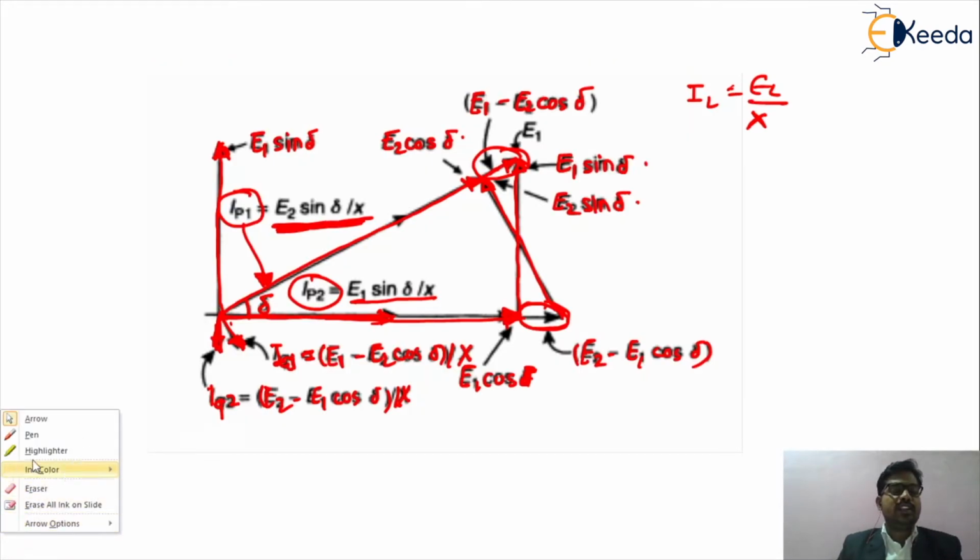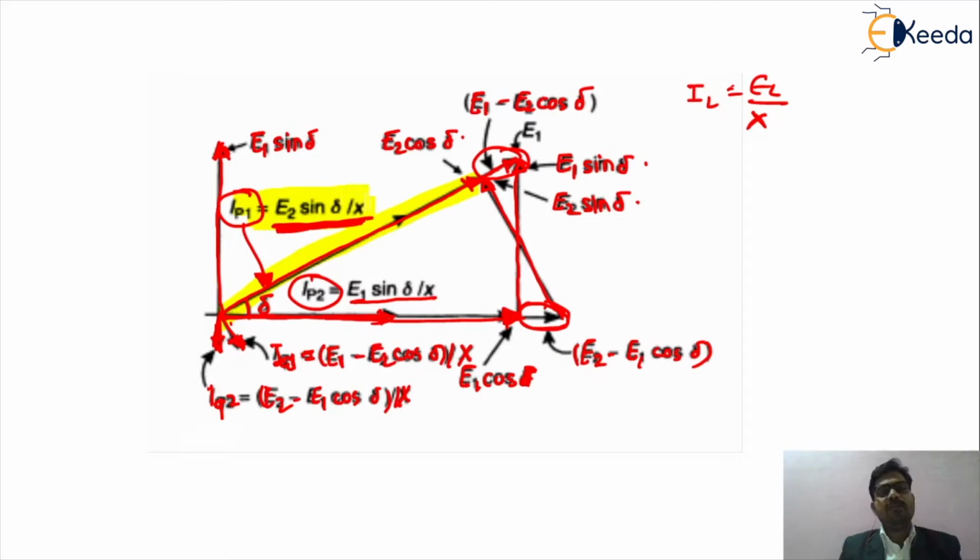In this phasor diagram we get the value of IP1, which is represented by this. The equation of this IP1 is E2 into sine del divided by X. So this equation we can rewrite here.